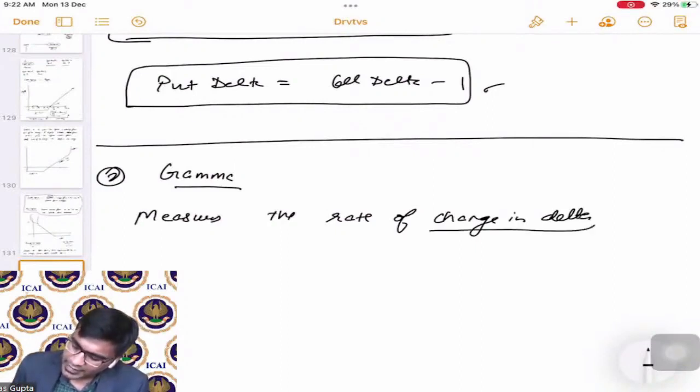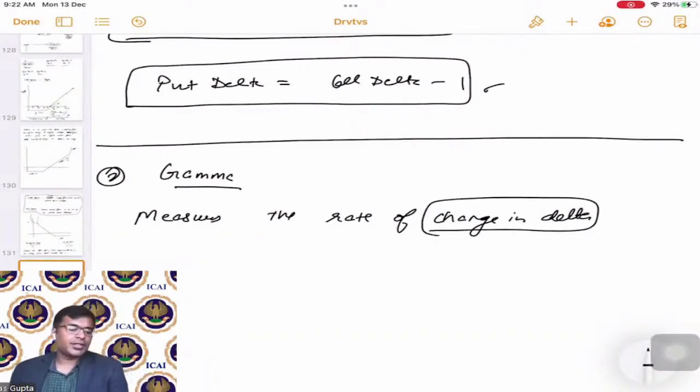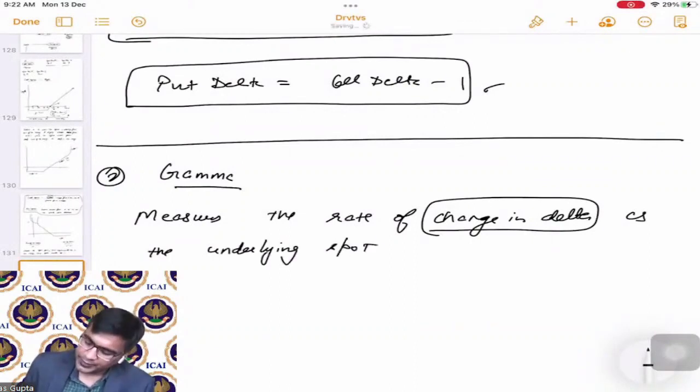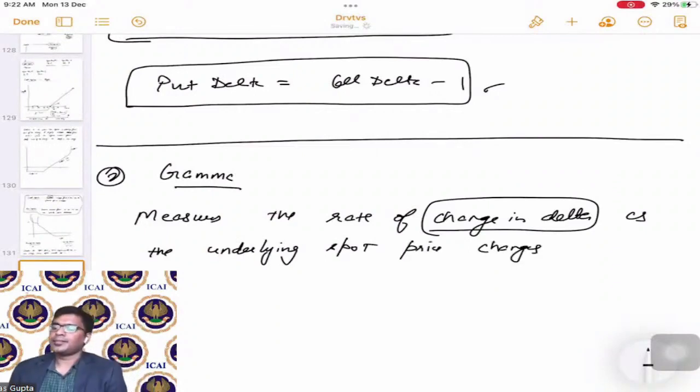This is the main thing to be remembered. It measures the rate of change in delta as the underlying spot price changes.